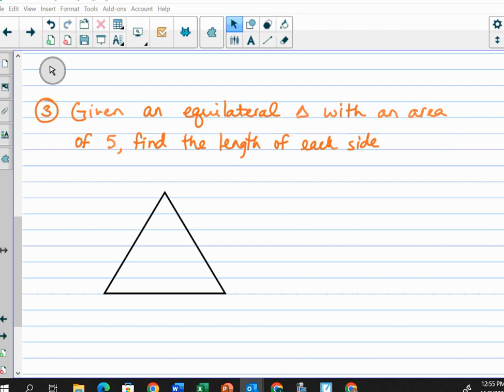One half base times height. Oh! So base times height has to equal 10.